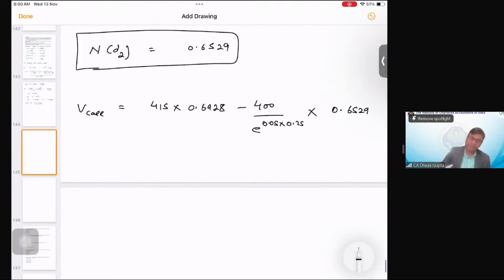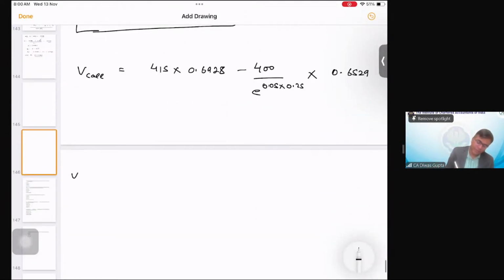Then the value of the call option will become 287.512 minus 400 divided by 1.012578 multiplied by 0.6529.